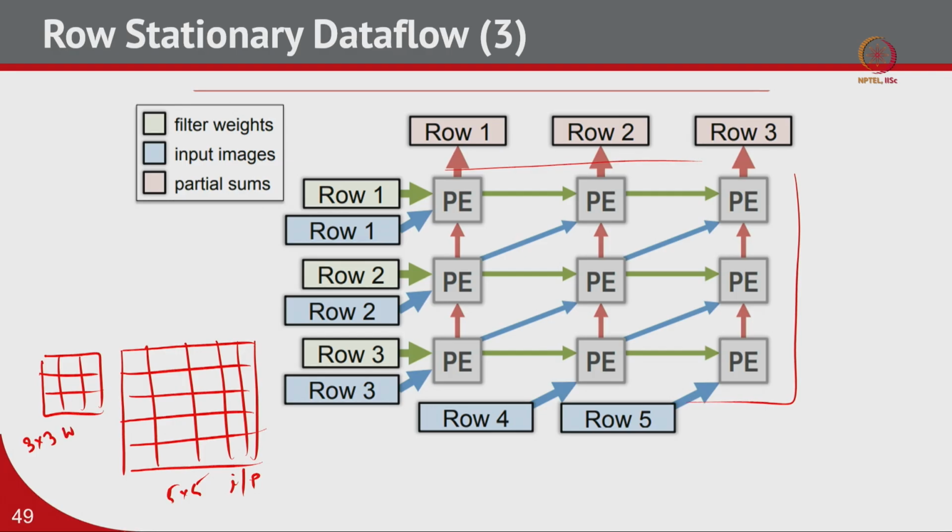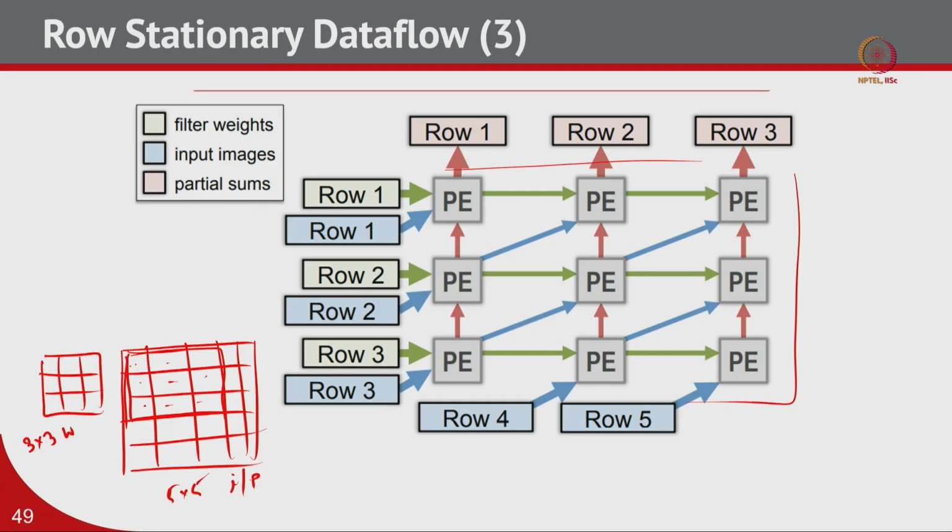So, ideally the convolution will happen first: this 3 by 3 filter will be projected on this 3 by 3 patch, right, and then there will be element wise multiplication of the filter values with this input feature map, and then all the values will be added to get the first pixel, right. Now, remember here we are trying to do row stationary data flow.